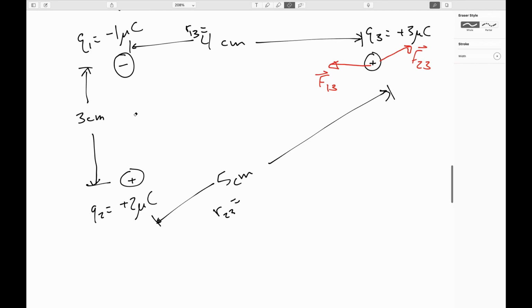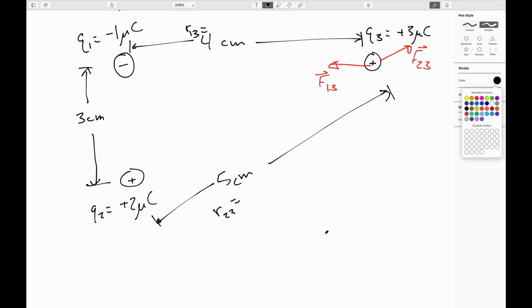So let's transfer these forces onto a free body diagram. We'll draw a dot here for my system, which is Q3. And then we'll go ahead and draw in our force arrows. So this is my F13.